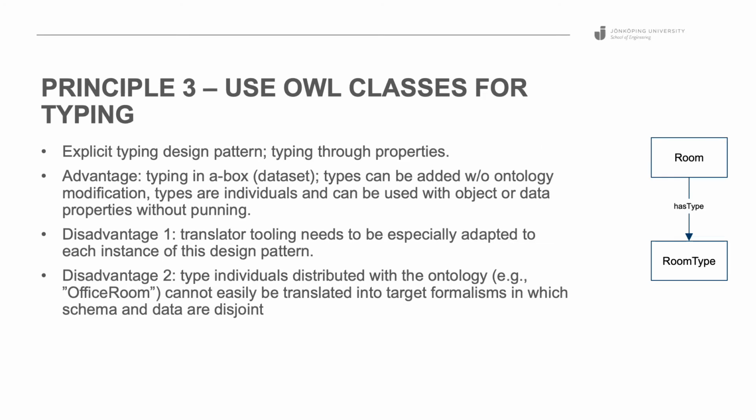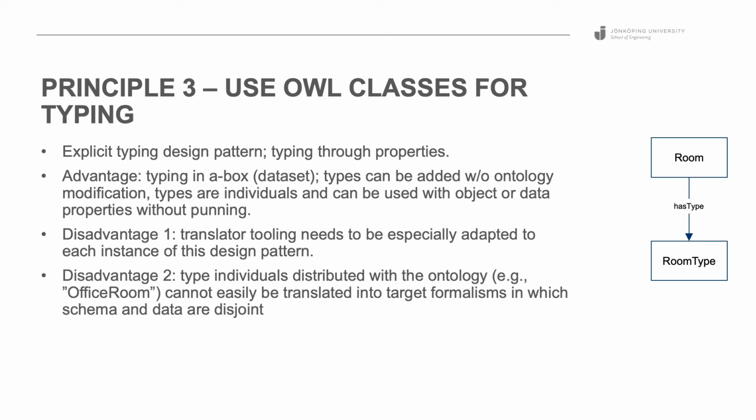Principle number 3, use OWL classes for typing. Perhaps you already do this, possibly you do. There is a design pattern called explicit typing, and that entails typing through properties. The idea of doing this, which is quite clever in many cases actually, is that it allows you to add your custom data types without modifying the ontology.